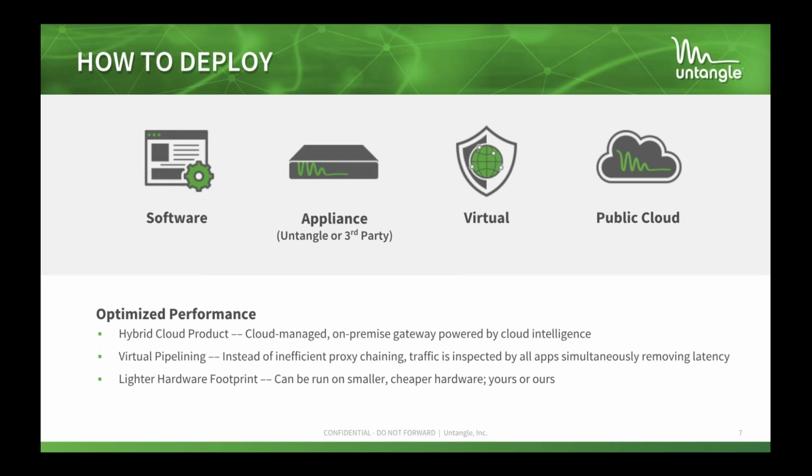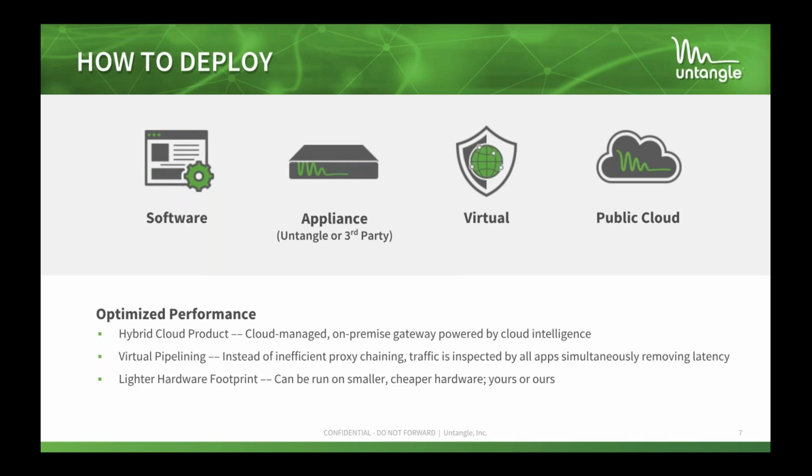On top of the simplified multiple various ways to do deployments, we also optimize performance in several different ways to make sure that you're getting the best possible solution. We're a hybrid cloud product. That means that we have the ability to both manage it from the cloud as well as directly on premises for your gateway. We also implement intelligence that's powered by cloud databases.